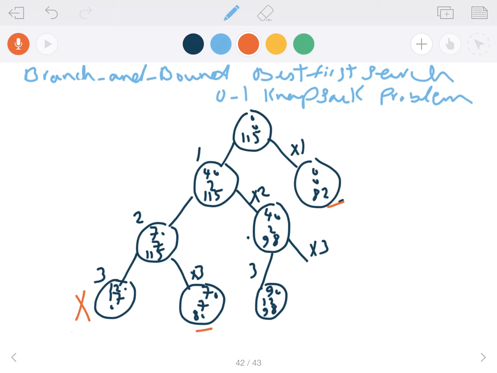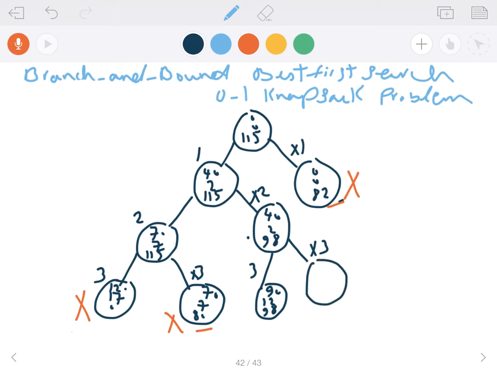So we are not expanding the other two nodes anymore. We are removing them from the queue, so they're eliminated from our search. Now we have this one is 98, and we also need to expand the other node and see which one is more promising.